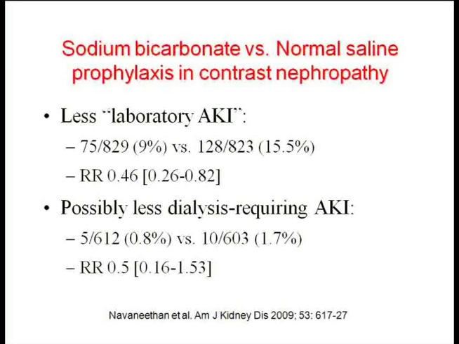But as you can see here, when patients receive isotonic bicarbonate, so a solution that typically is 1 liter of D5W with 150 milliequivalents, 3 amps, of sodium bicarbonate, compared to isotonic saline, so normal saline at similar rates, the incidence of laboratory AKI, varying among the studies, but typically somewhere in the range of an increase in serum creatinine greater than 0.5, there's a trend towards less laboratory AKI in patients who receive bicarbonate, but as you can see, the confidence intervals vary, and there's large heterogeneity in the studies.